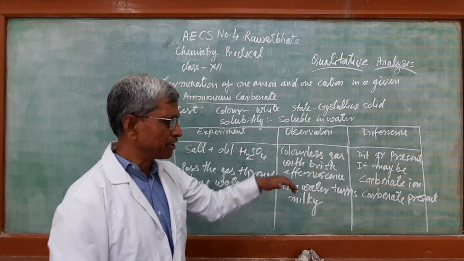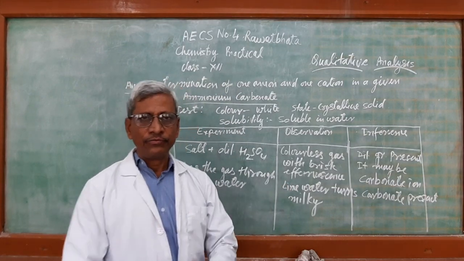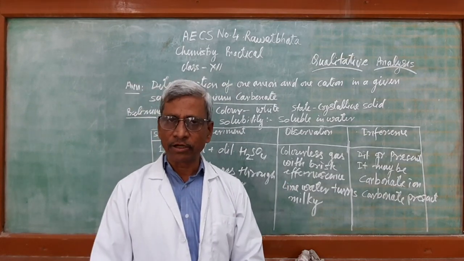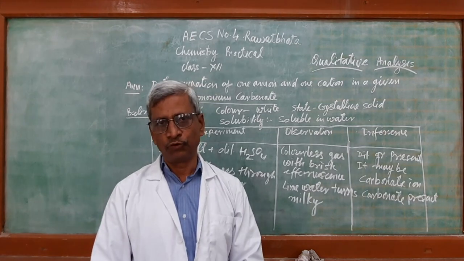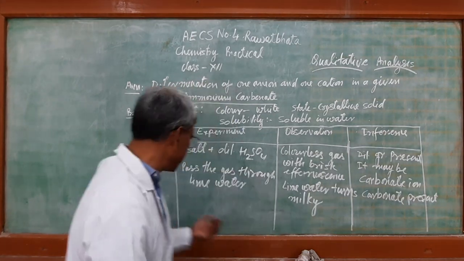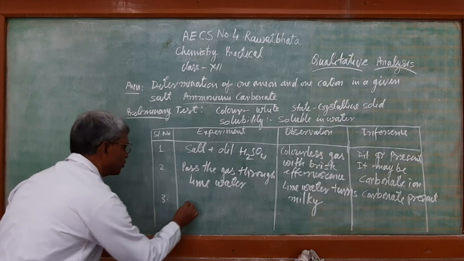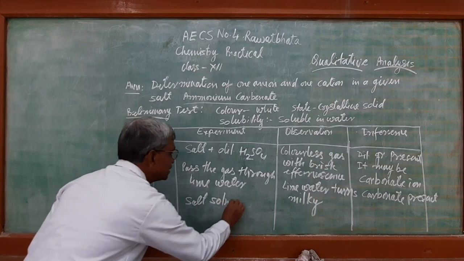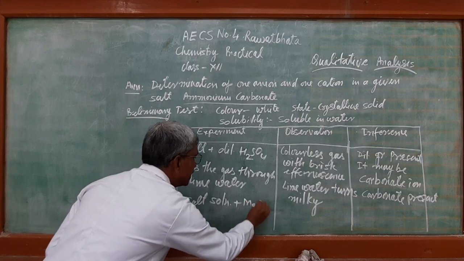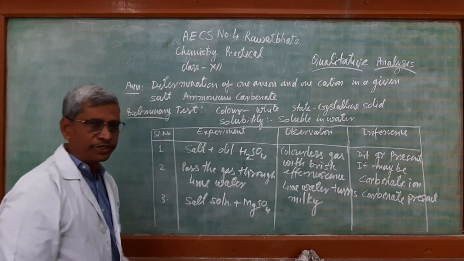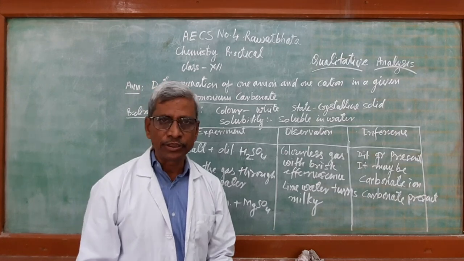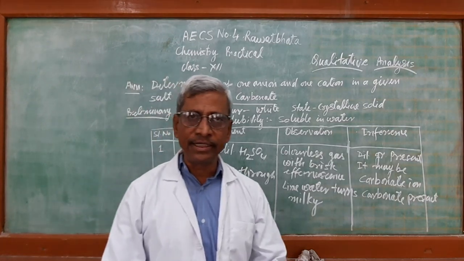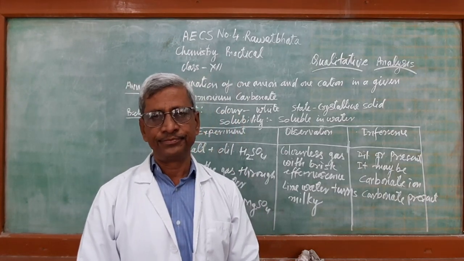After that, for its confirmation, we have to take an aqueous solution of the salt and MgSO4, magnesium sulfate. That is the third part. Salt solution plus magnesium sulfate, MgSO4. Here we have to write it in words. Take the aqueous solution of the salt and add magnesium sulfate solution.